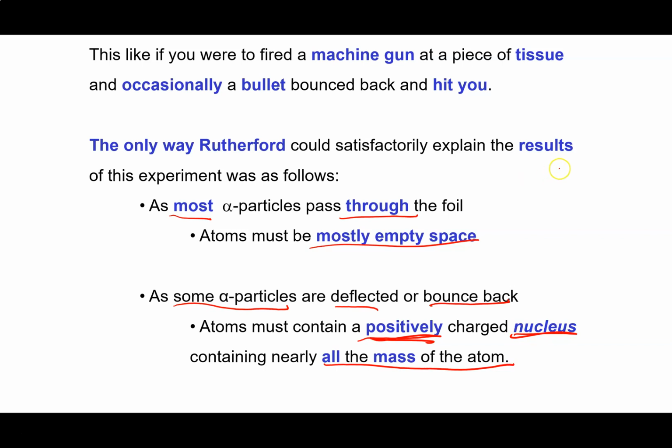And the reason was because you had to take the plum pudding model of the atom with its diffuse matter and its tiny little electrons.